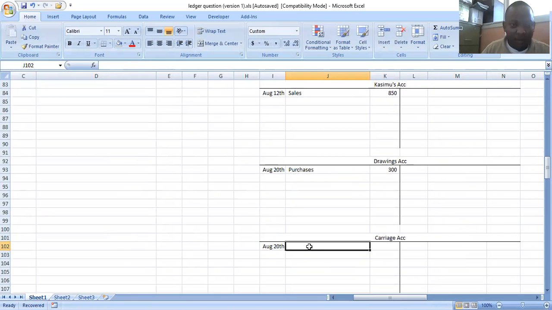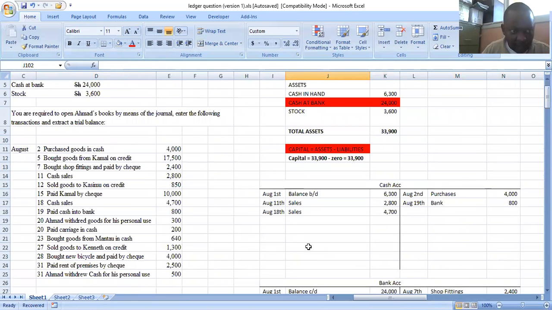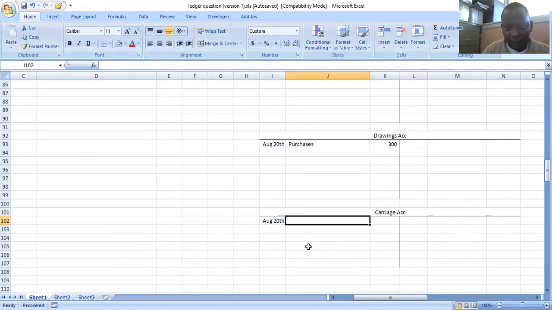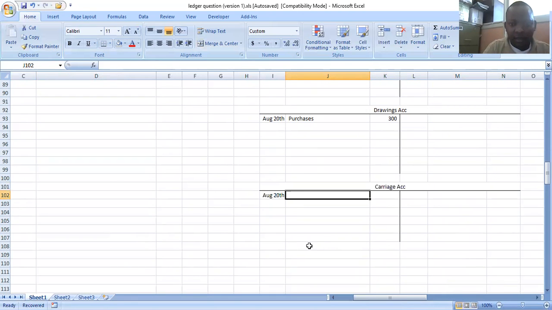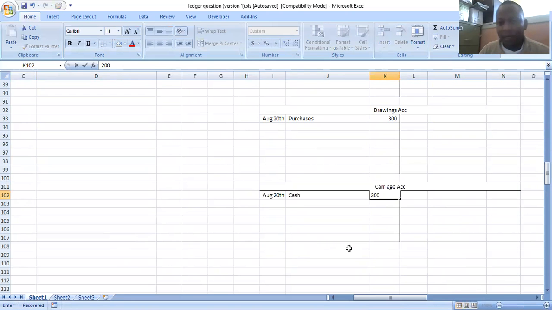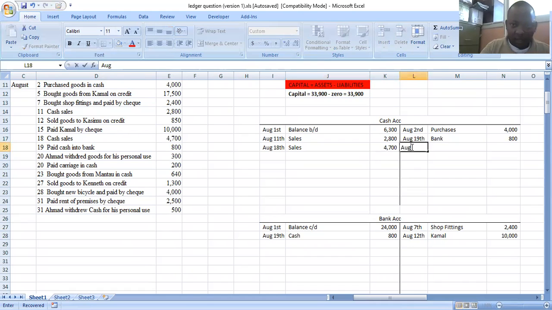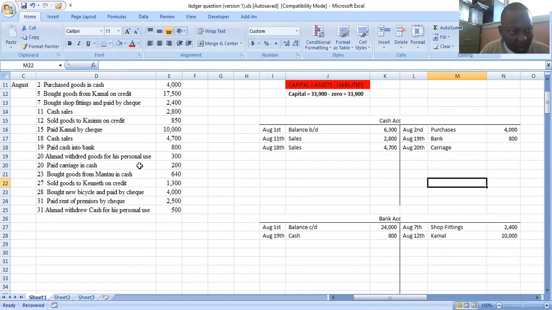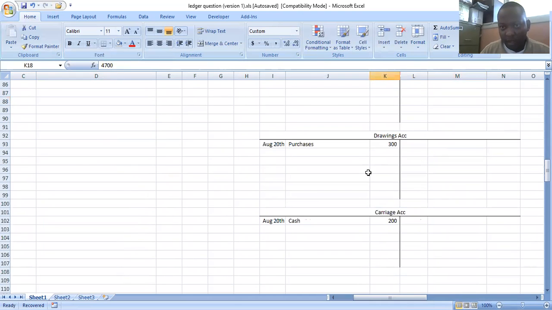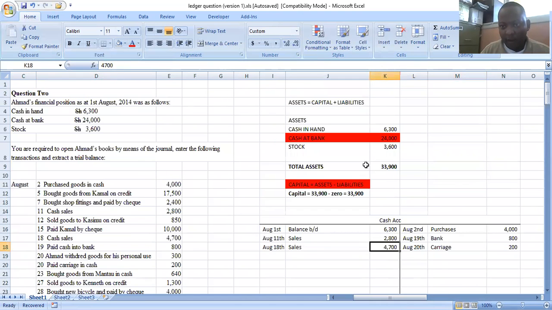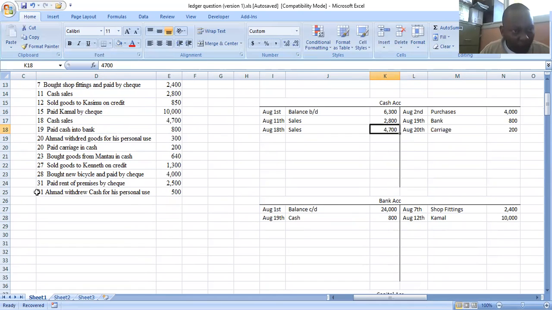Debit carriage, this is by cash, and the amount is 200 shillings. Then we credit cash. Cash is up here. So that is August 20th. We credit cash by carriage, and the amount is 200 shillings. Then we proceed.